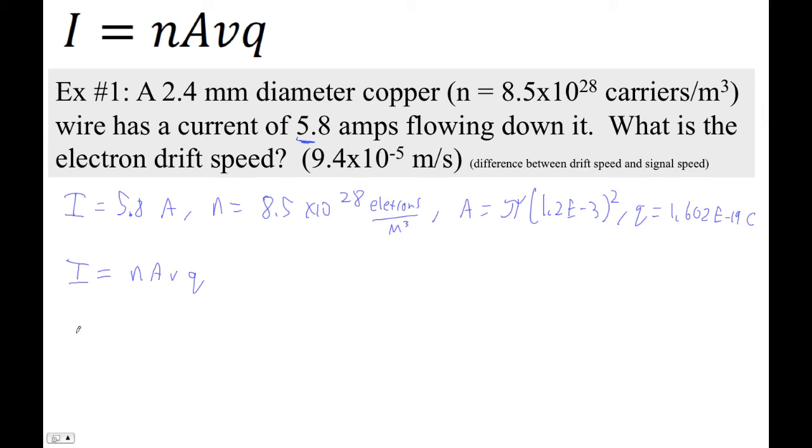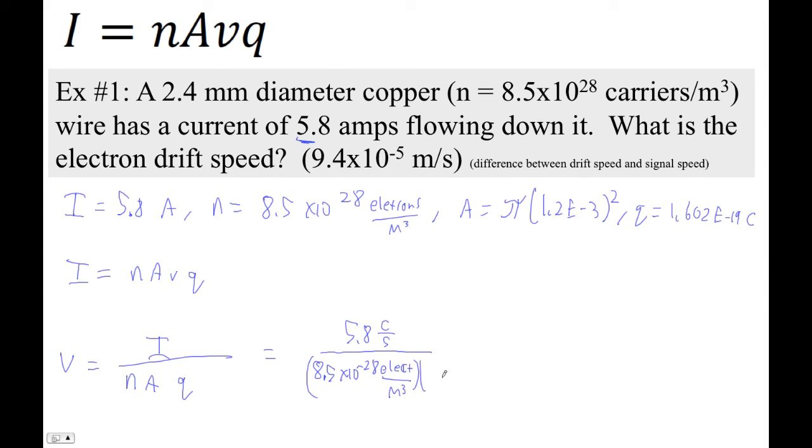Then the electron velocity is I divided by nAq. So that's going to be 5.8 coulombs per second divided by 8.5 times 10 to the 28th electrons per cubic meter.